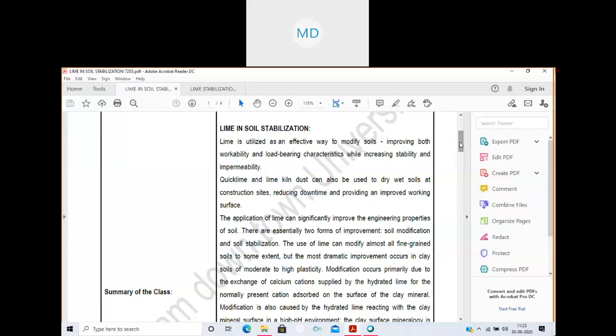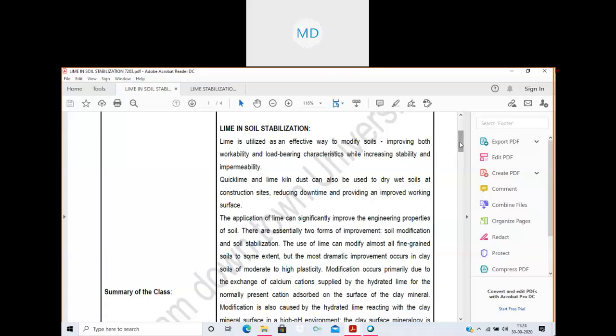So for these purposes we'll apply certain techniques, like we can either mix some chemicals into the soil, or we can apply some physical processes to make the soil stronger.